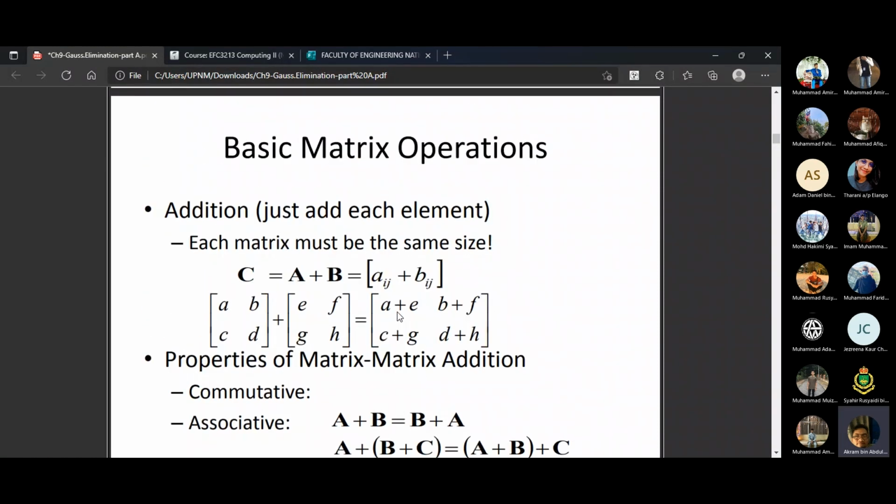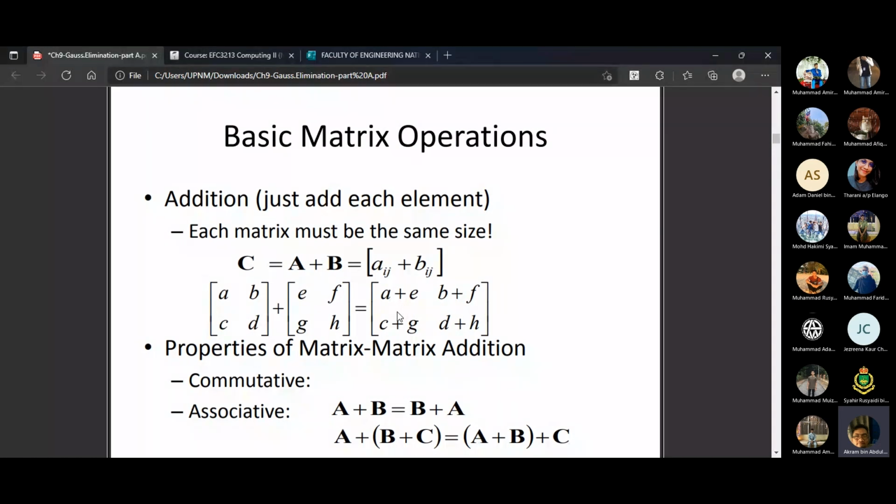So how to do addition? Let us look at the basic matrix operation, or how to add matrices. Every time you add matrices, you need to remember that the matrices must have the same size.